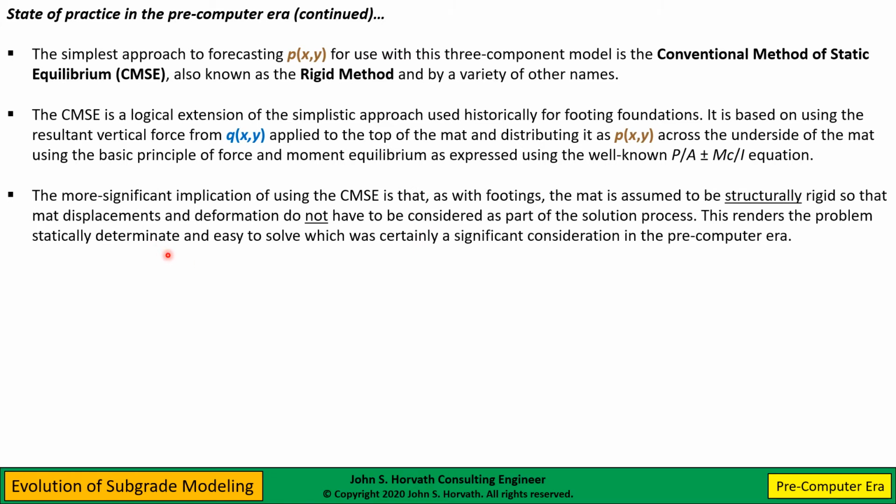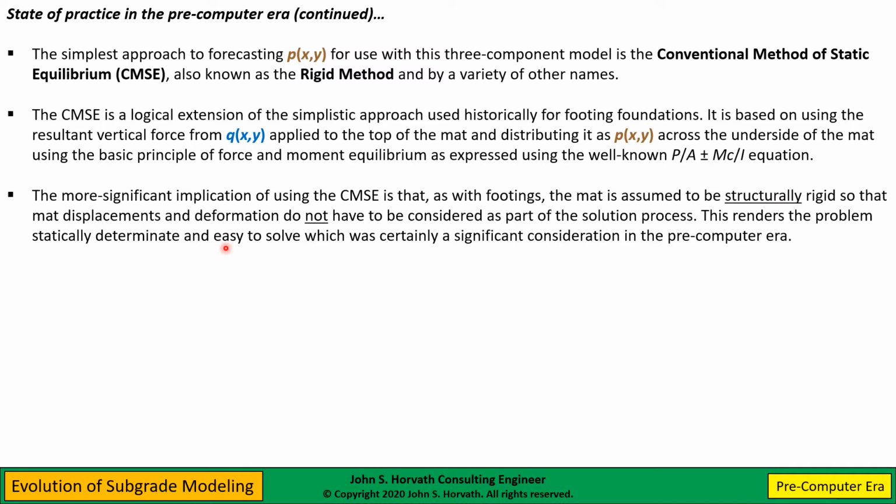The more significant implication of the conventional method for mats is that the mat is assumed to be structurally rigid. And by the way, structurally rigid is not the same as geotechnically rigid. Geotechnically rigid implies that you get a stress distribution consistent with a structural member. We assume structural rigidity.